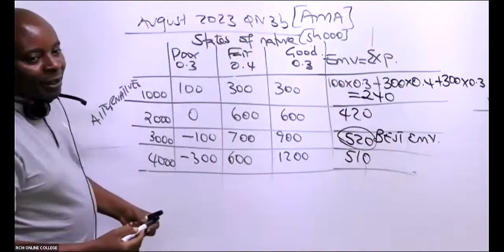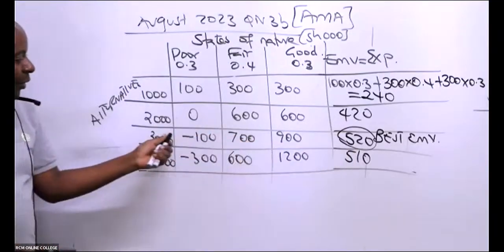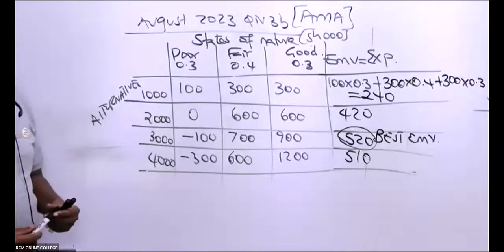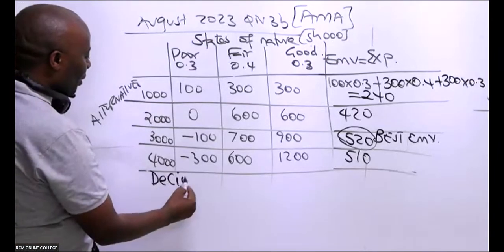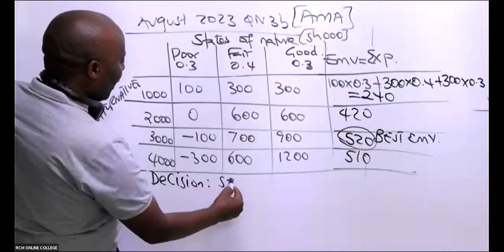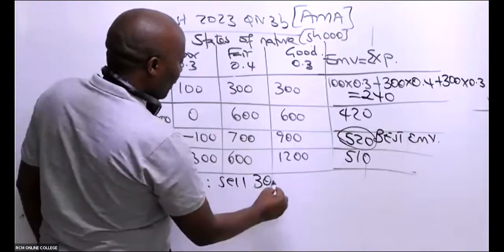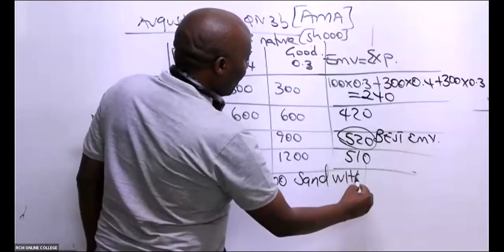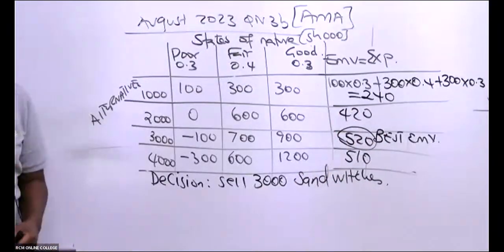And if it is the best expected monetary value, then we are advising these people to sell how many? 3,000 what here, somebody? Sandwiches, yes. So the decision here is sell 3,000 sandwiches. That is expected monetary value.